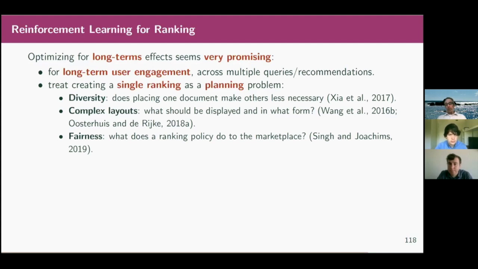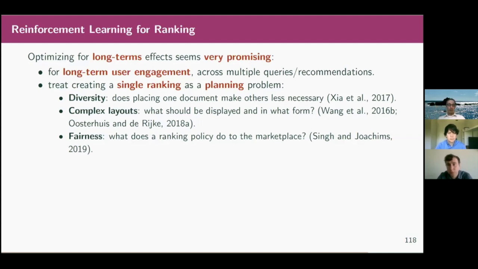And you can think of the problem of creating a single ranking as a planning problem. And different constraints, different desiderata may play a role there. Now the ranking, you might want it to be diverse. Yeah, so you may want to think about complex layouts, not a typical ranked list that's scanned from top to bottom, where the best items should be placed at the start of the list, but maybe there are alternatives.